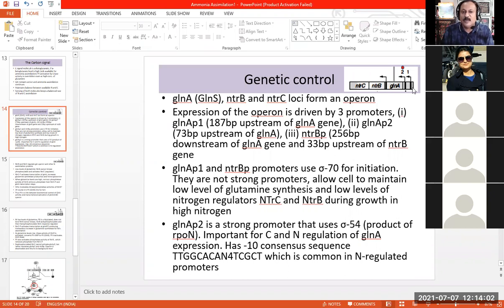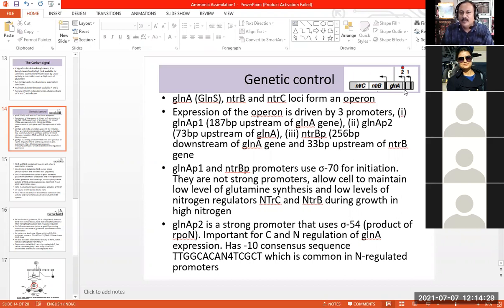This promoter is 187 base pair upstream of the GLNA gene. So 187 base pair before GLNA is promoter number 1. Then 73 bases before GLNA is the second promoter.